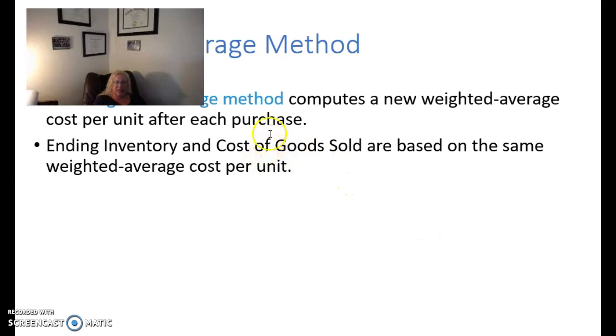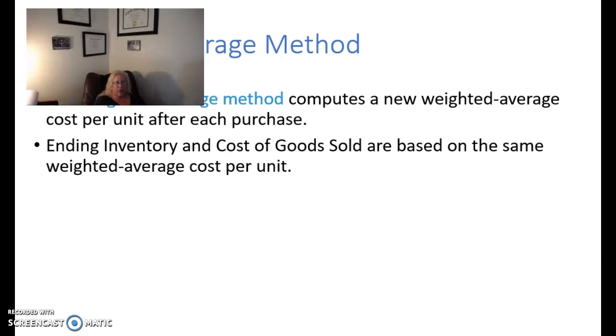The next and final method is the weighted average method. This is an inventory costing method that's based on the weighted average cost per unit of inventory that's calculated after each purchase. The weighted average cost per unit is determined by dividing the cost of goods available for sale by the number of units available.